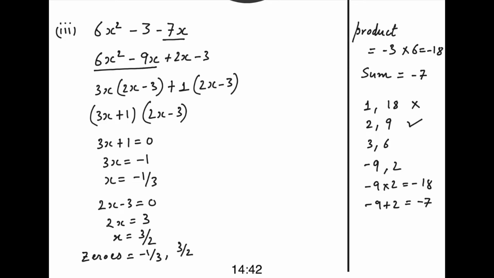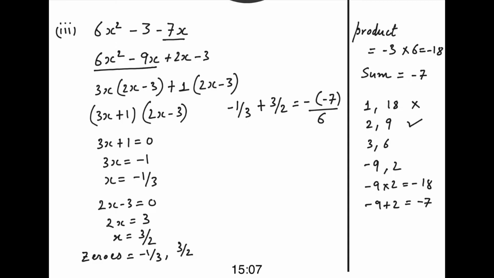Now again, we need to verify the relationship between the coefficients and the zeros. So we know that the sum of the zeros, minus 1 by 3 plus 3 divided by 2, should be equal to minus the coefficient of middle term, which is minus 7, divided by the coefficient of x square, which is 6.